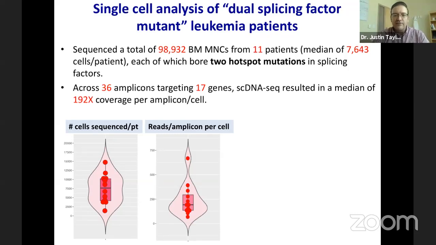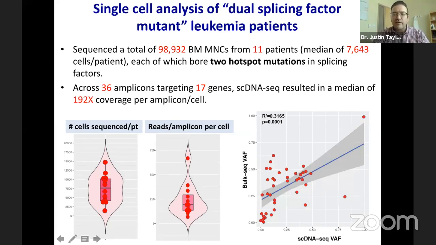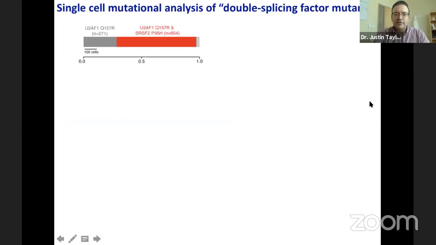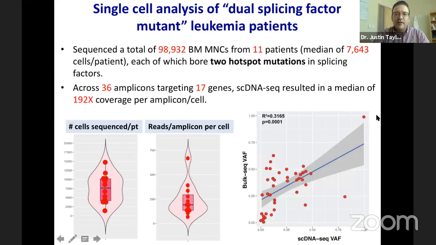And just as a first sanity check, we wanted to look at a pseudo allele fraction taken from the single cell data and compare that to the bulk sequencing allele fraction. And we saw a good concordance, so that told us that we're getting good data from the single cell sequencing.